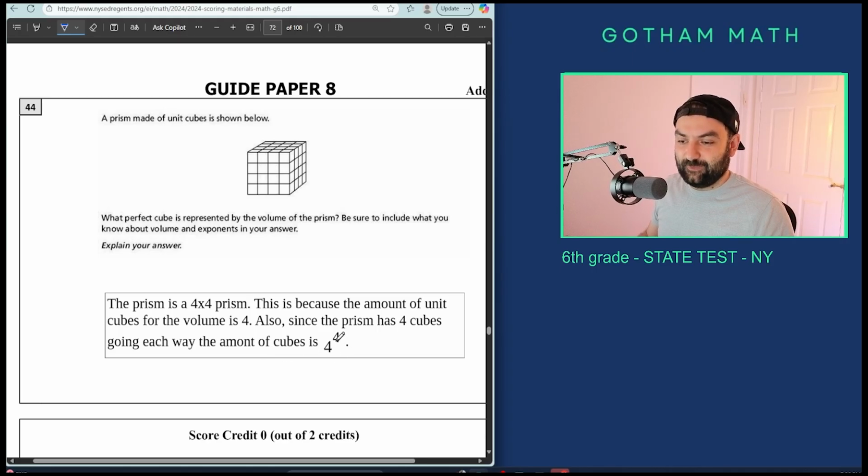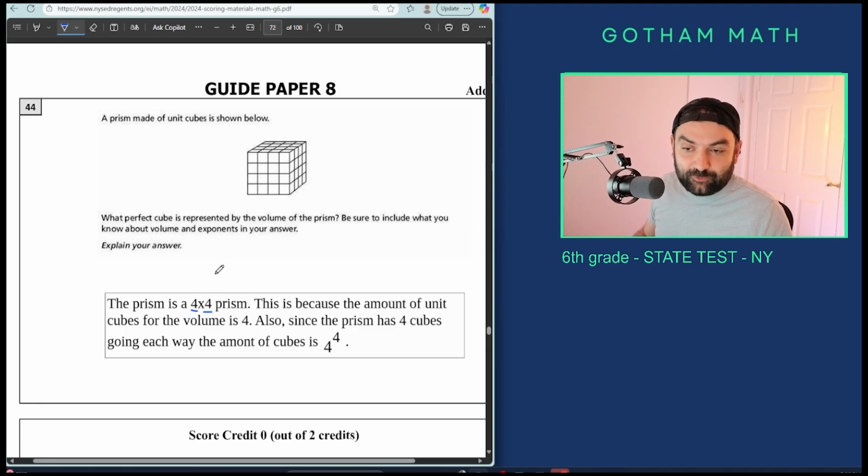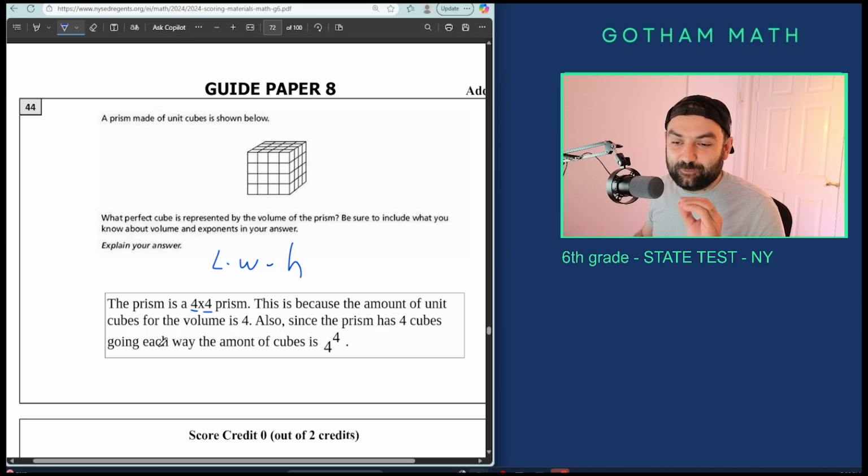Of course they got 0. Because it's just length times width, but the volume needs length times width times height. They just did the length times width. So yeah, it's very close, but missed every single point.